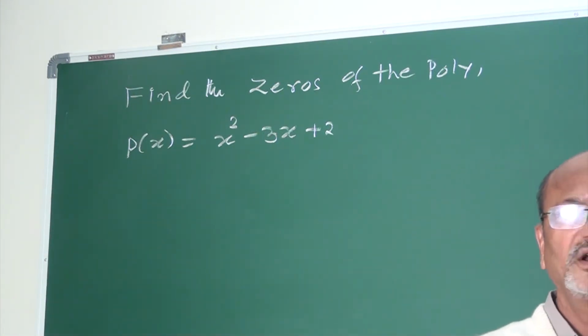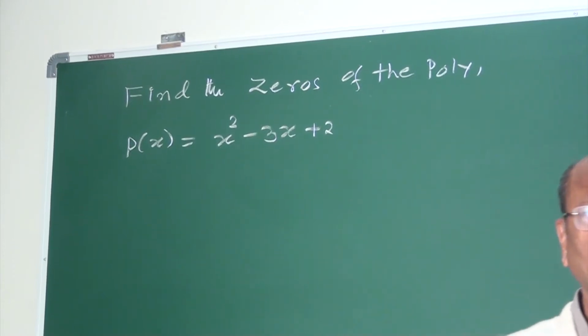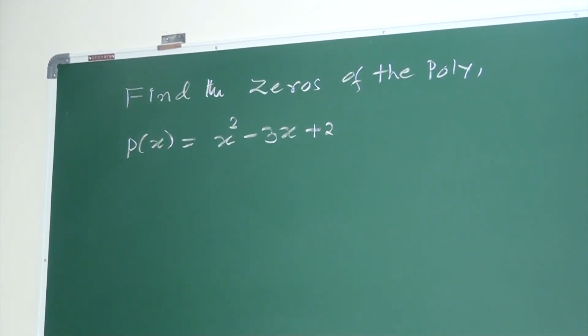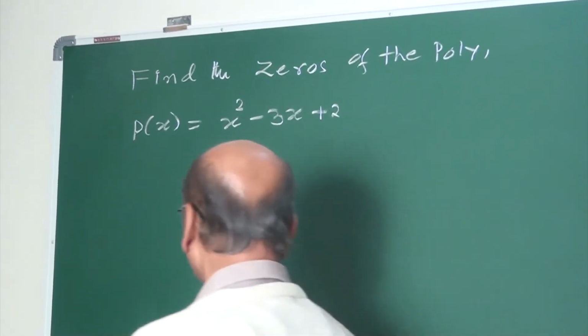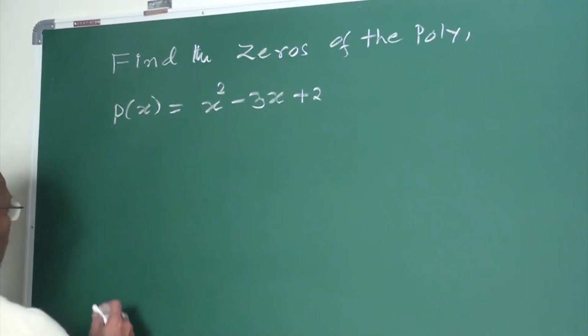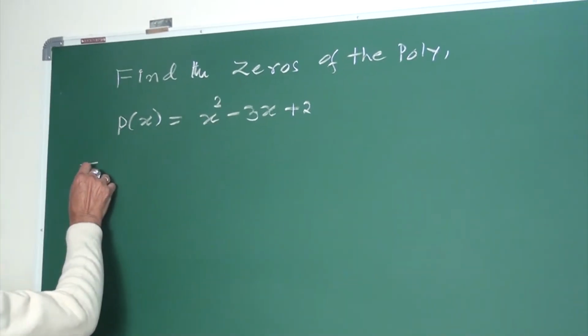What is it? Quadratic. What is the method? In finding zeros, equate p(x) equal to 0, or solve the equation p(x) equal to 0, to find the zeros.